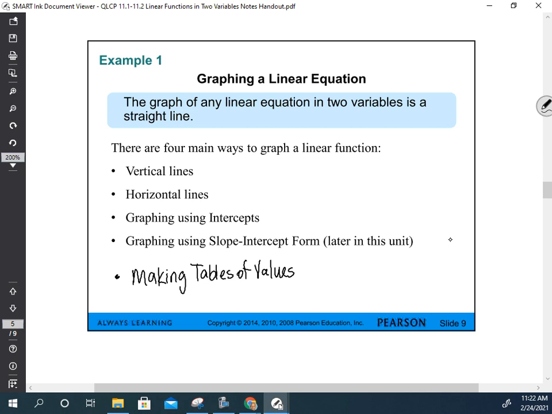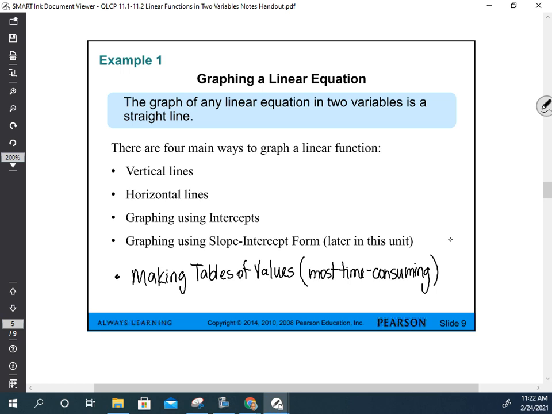This one is the most time consuming, so we only make the tables if we don't have a choice. If we have a choice, we're not going to do it.